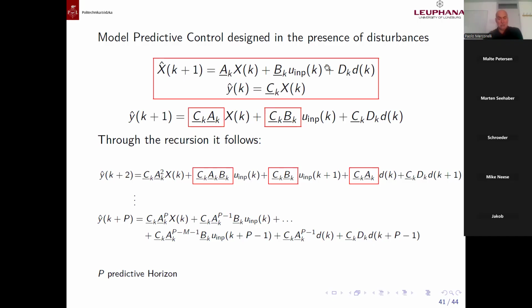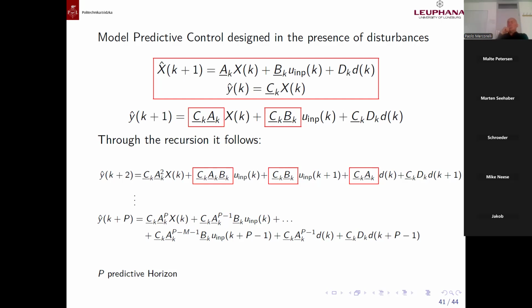Doing the calculation, as I did at the beginning, for d equal to 0, now d is not 0. The small d, not capitalized, is the disturbance. This is an external signal. It's an input, but an input that is not accessible; it's not your input.